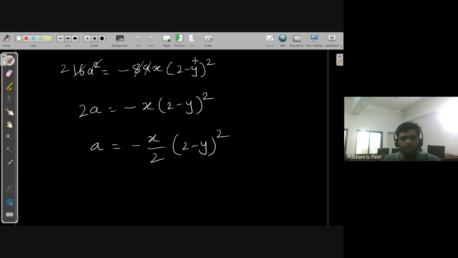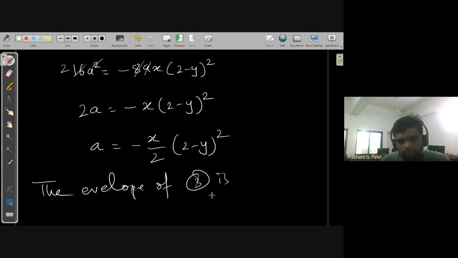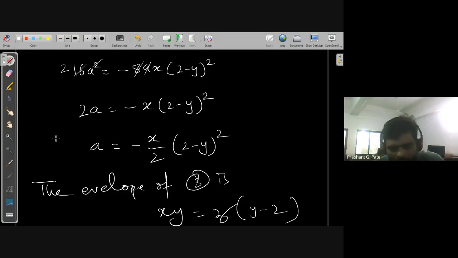The required integral that we have is this: xy is equal to z into (y minus 2), which is the required solution. So that's it for today. If you have any doubt, you can ask.